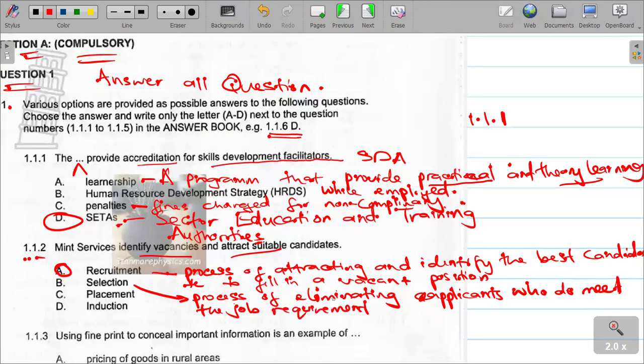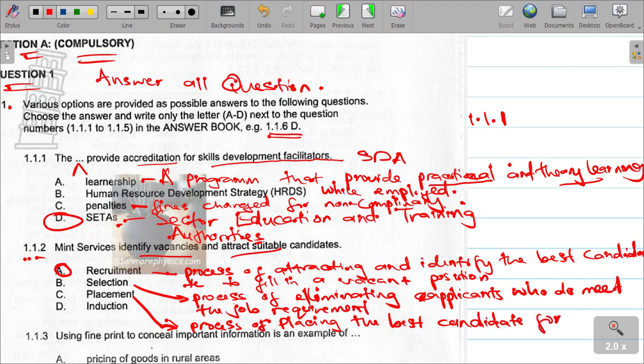And then placement. Placement is a process of placing the best candidate for the vacant position. When you're placing that best candidate that was chosen, that's what you call placement.